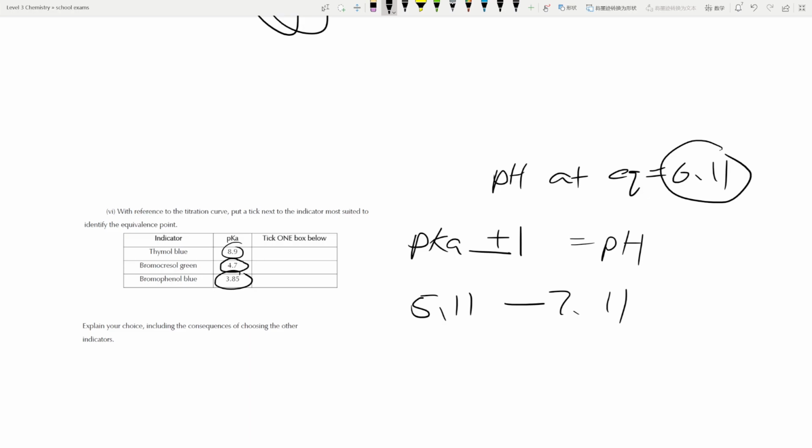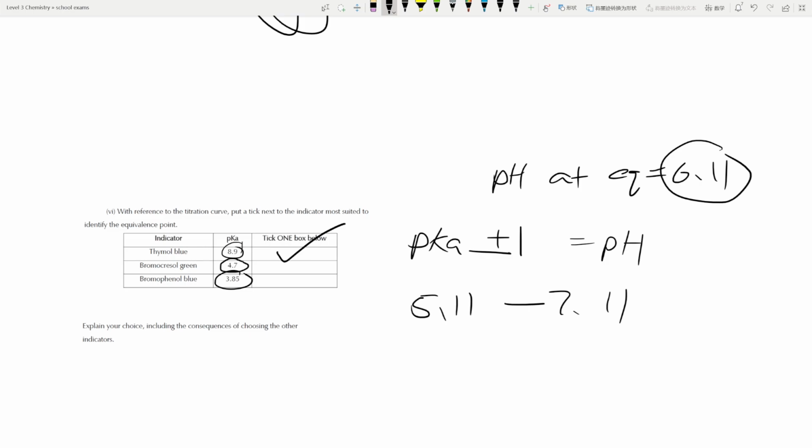But if I have to choose one, then yeah, I pick thymol blue. It's like the politics in New Zealand, just choosing the better political party of the worst of them because they all suck, to be honest. You're just trying to pick the one that still kind of works but not as ideally as you would hope.